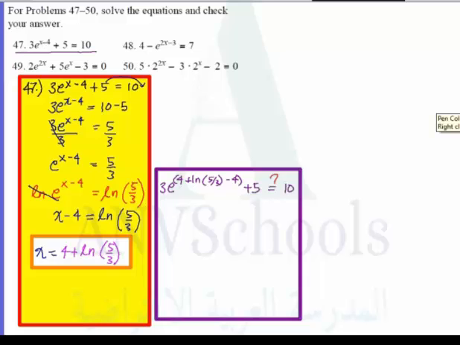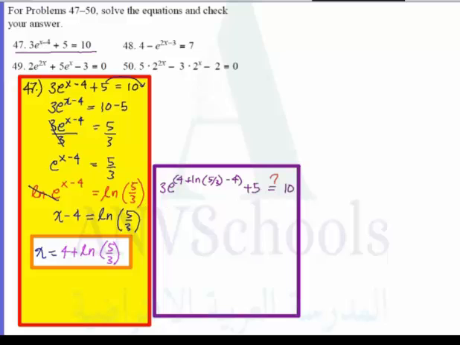So in this exponent, we will be having 3e. This one cancels out, right? So e to the ln of 5 over 3, plus 5. Now is this now equal to 10? It seems so. Like it's getting there.